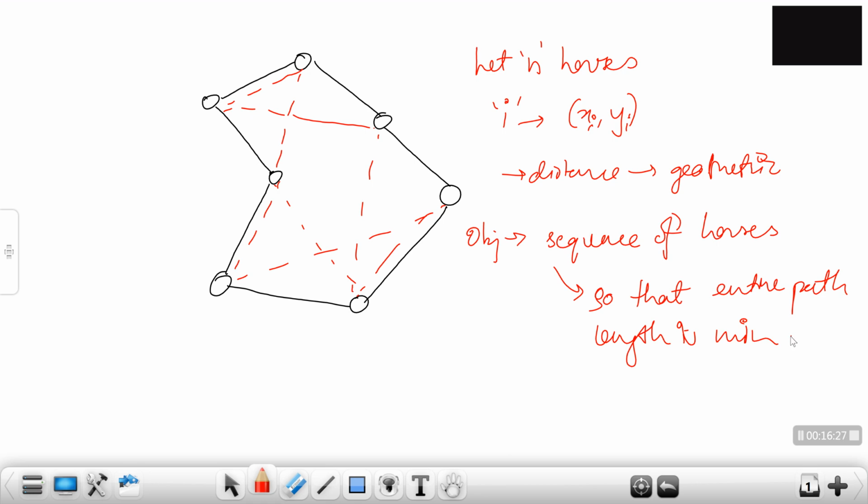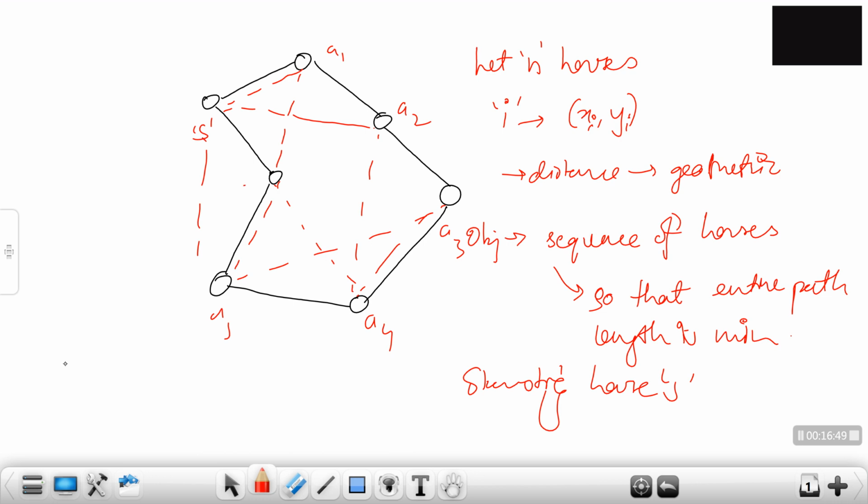We can say the starting house is denoted as S. This is for all n houses. So in order to travel, it goes from A1, A2, A3, A4, A5 and so on.